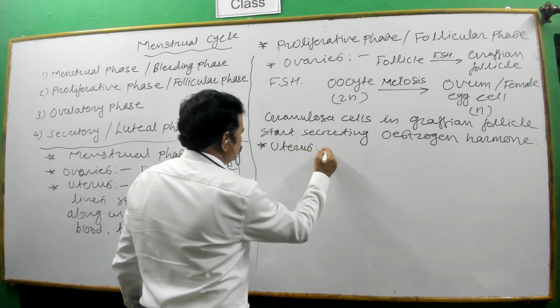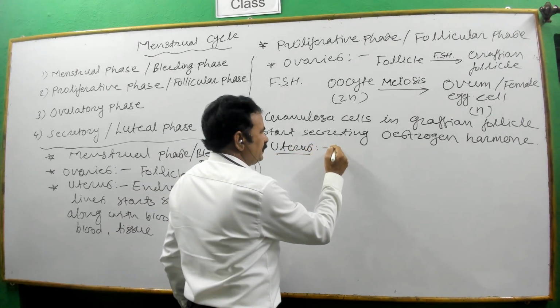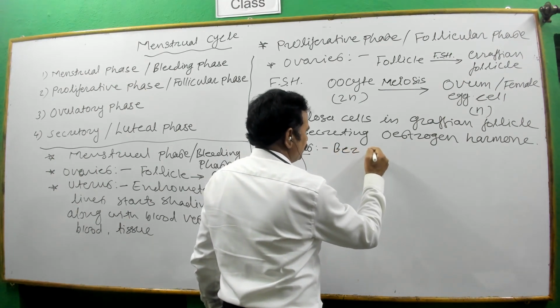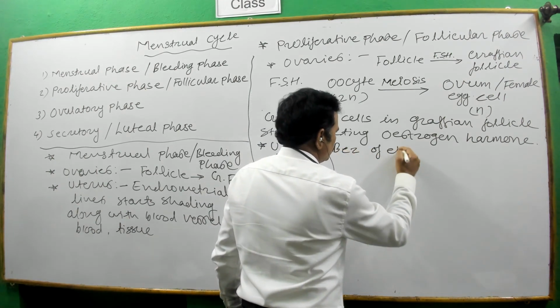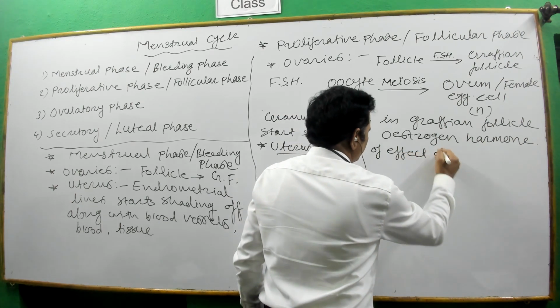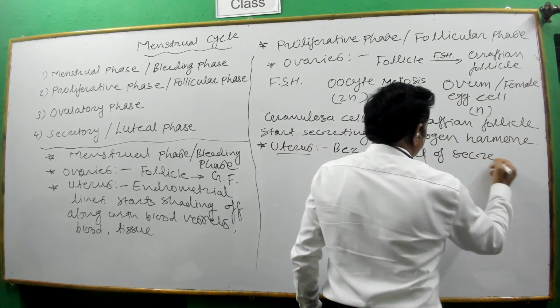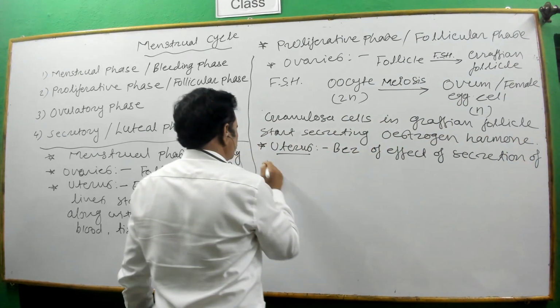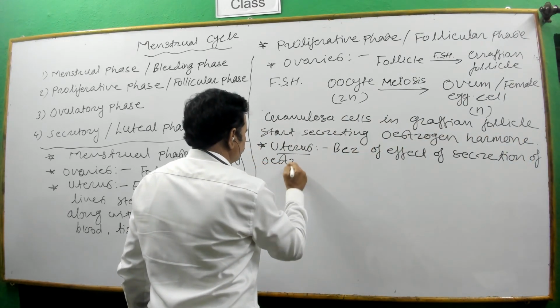Uterus में कौन से changes होते हैं बच्चों? Because of the effect of secretion of which hormone? Estrogen hormone.